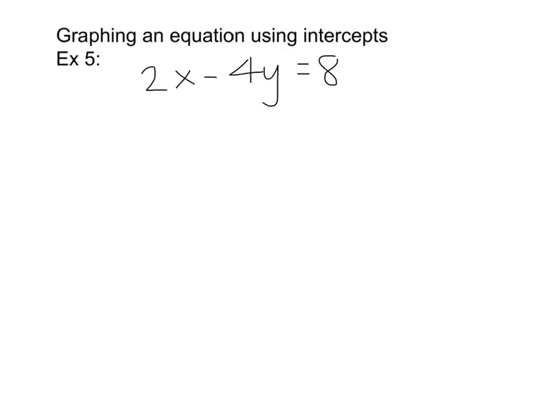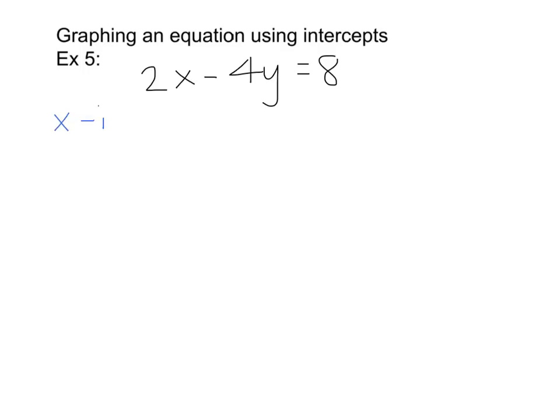So if I give you 2x minus 4y equals 8, if you notice, that's in standard form, and in standard form, the easiest way to graph it is to find your x and your y-intercept. Of course, you could write it in slope-intercept form, and you can graph it that way as well. Sometimes this is just easier.